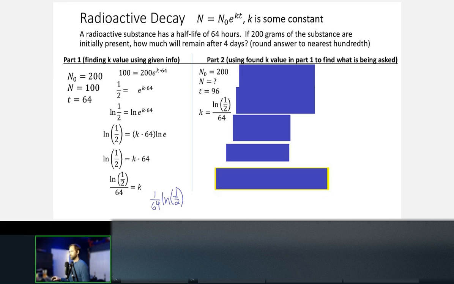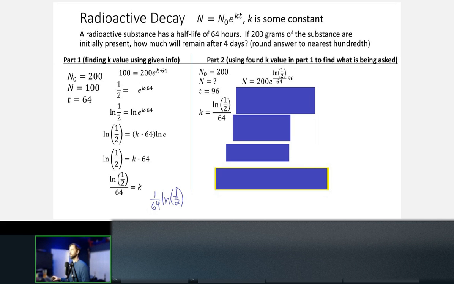All right, so we just plug that stuff into our formula. What's super cool about this part two of this problem? All we need to do is type it in. We're solving for n and it's already set up. We just gotta use our fingers and type it in.